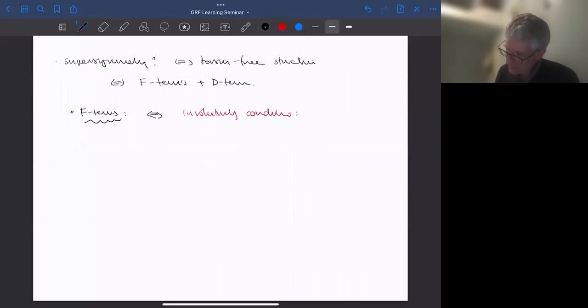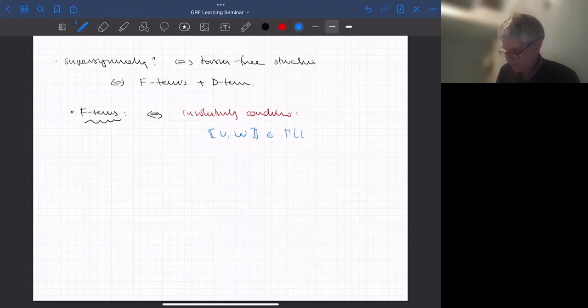So they say that if you take the generalized derivative, or the Dorfman bracket, between two objects, this is an element, let me write it with a Dorfman bracket. It's the same thing, but if you take the Dorfman bracket between two things, this is a section of L-1 for all V and W that are sections of L-1.